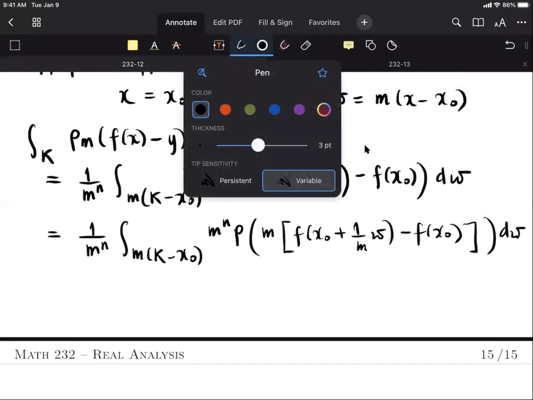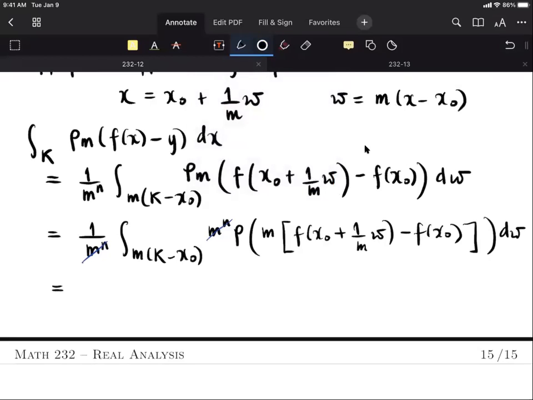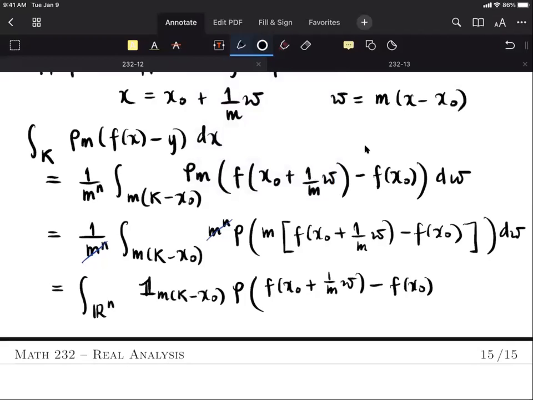So you see here, this factor will be cancelled, and let us integrate over the whole R^n, and we multiply this by the characteristic function of this set. And then let us rewrite the argument in the following way, divided by 1 over m, dw.